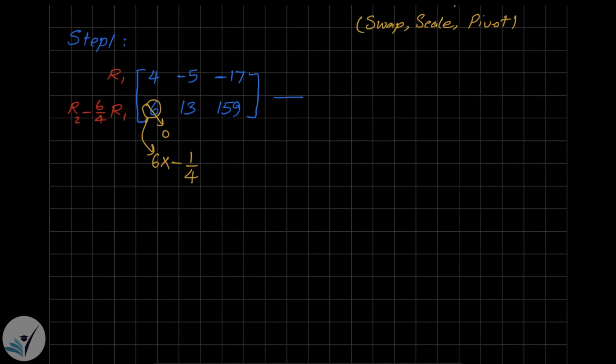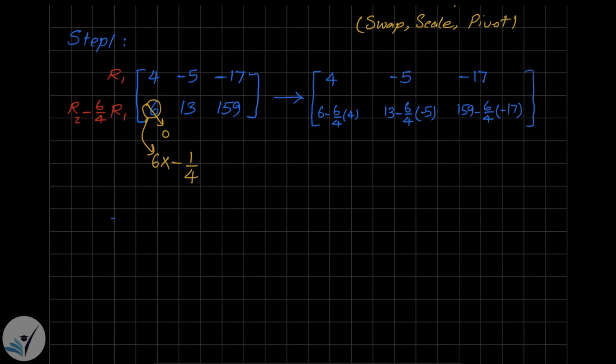So if I go ahead and apply this operation on the first and second row, I would get 4, negative 5, negative 17 on the first row, and on the second row I would get 6 minus 6 fourths times 4, 13 minus 6 fourths times negative 5, 159 minus 6 fourths times negative 17.